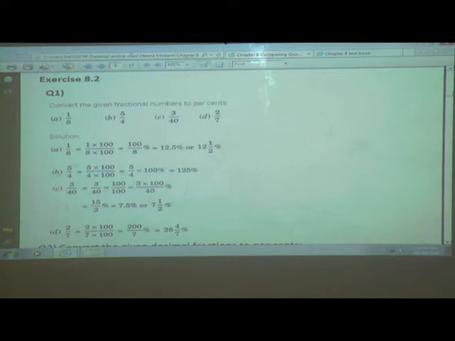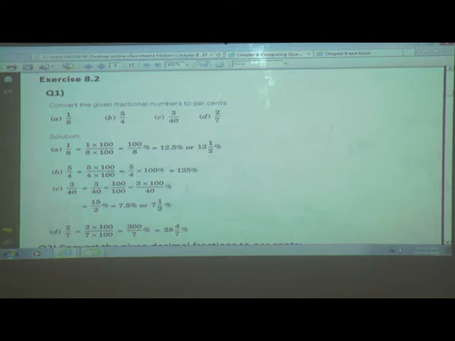Another example we will see: 5 upon 4 is equal to 5 upon 4, again we will multiply it by 100. I have given this method, and I have given another method here also, so it will be easier for you. Here 5 upon 4 multiplied by 100%, we are writing 100%. So we can reduce here and find the multiplication.